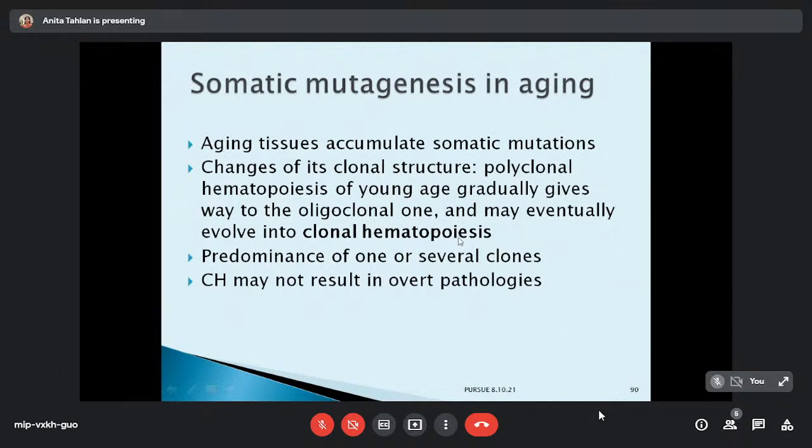This may be one of the reasons why certain malignancies are more common in older age. However, clonal hematopoiesis is not equivalent to an overt pathology. Therefore, just the presence of clonal hematopoiesis should not be considered as an overt pathology. So, clonal hematopoiesis can occur in progressive aging.